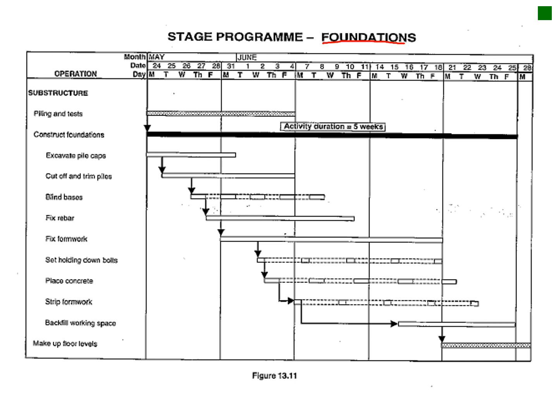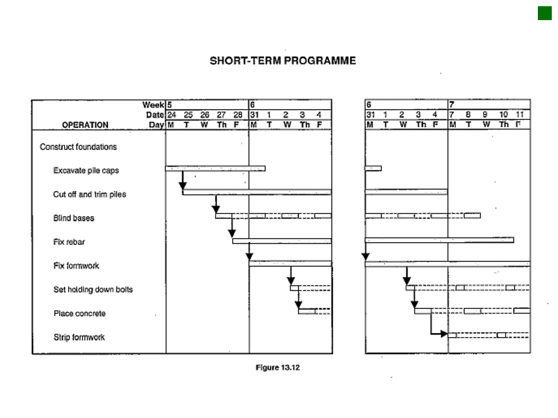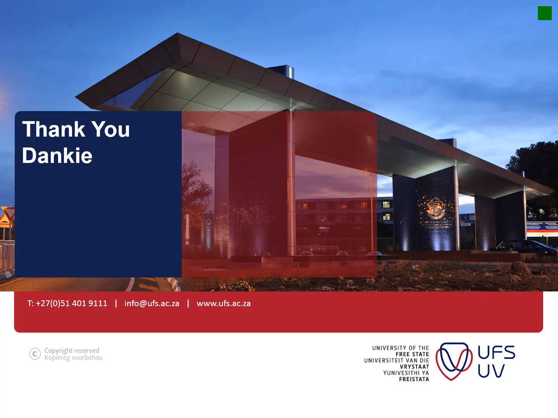So you can see it's your previous program just divided into further operational bits and pieces. Then you've got your short-term program, which is the same items just divided further into more detail. So you can see here it is actually divided into weeks and not months or years.